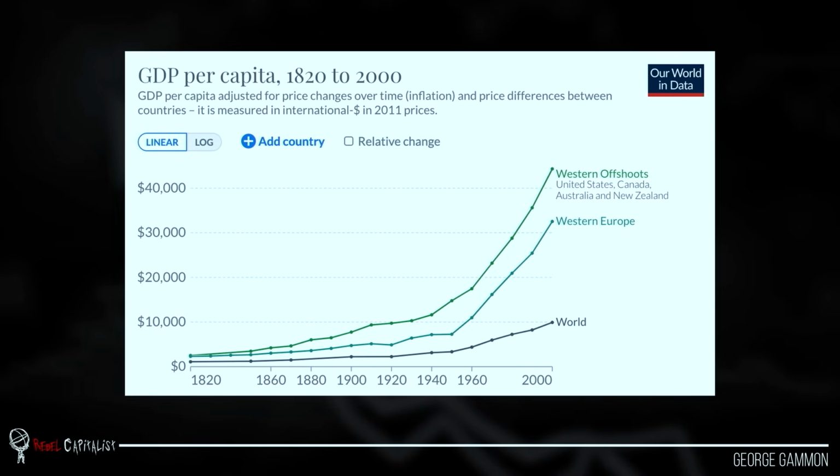Here is global growth and growth in the United States and Western Europe. Now you'll notice something very interesting. Look at what happened to these lines right about 1940 or 1950. You notice a change? This is specifically because those banks created this free market system of limitless money and limitless collateral.